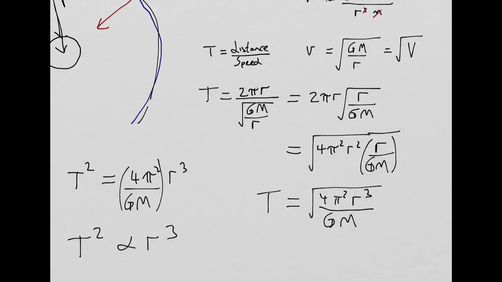So as you move further and further out from Mercury, through Venus and Earth and Mars, etc., the orbital period gets longer and longer because they're moving much, much slower, because they're orbiting at much, much greater radii.